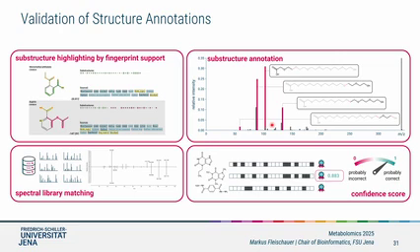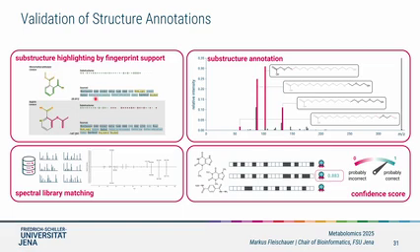Then I briefly started talking about evaluations. Most of the UI in SIRIUS is about trying to explain the results, because computing is quite easy. You just set a few parameters, click on compute, take a coffee until it's computed, and then you have results to investigate. One thing we do is you can look into the substructure highlighting. We will do this in the live session as well.